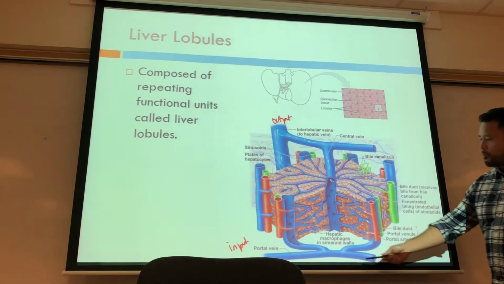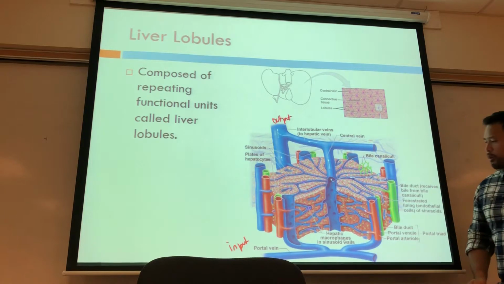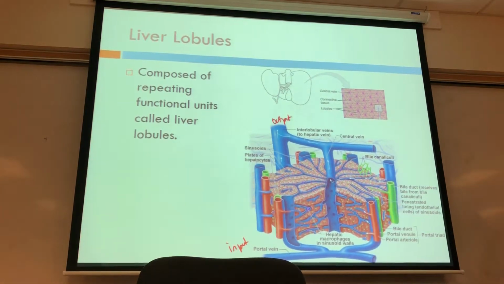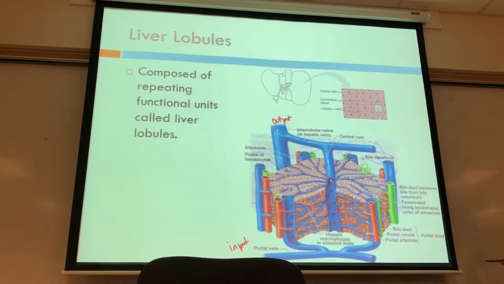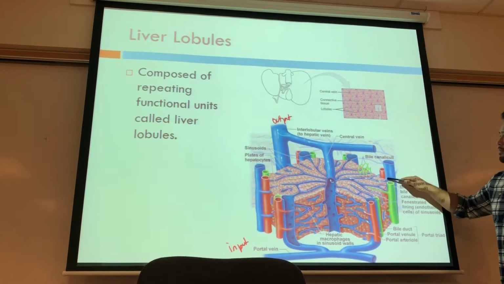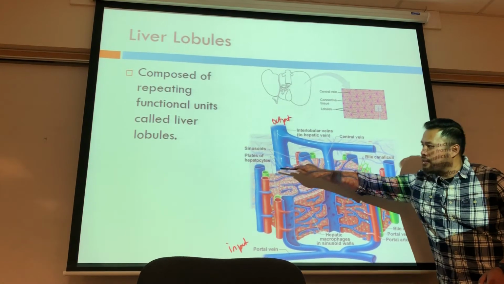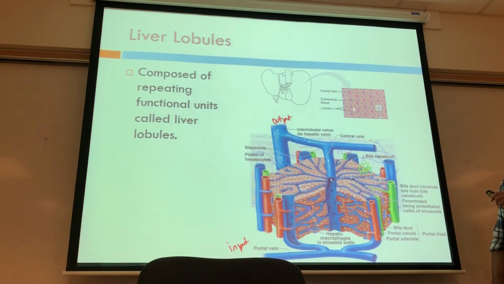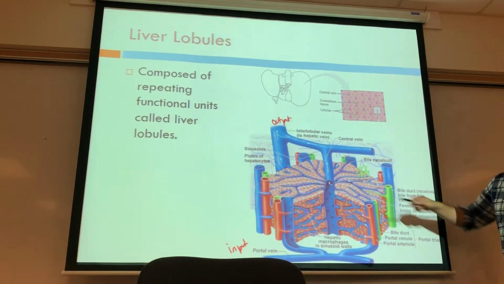For the input, we get 75% of the blood through the portal vein. We get 25% of the blood through the portal arteriole. And they come together and are going to be all present at each of the single points on that hexagon shape. So each of those 6 points in the hexagon are going to consist of what's called the triad.